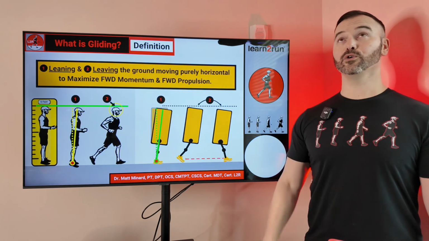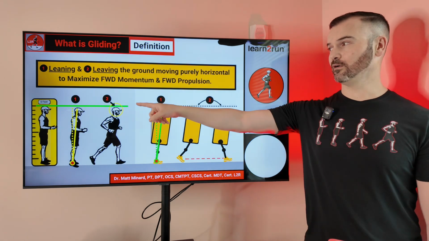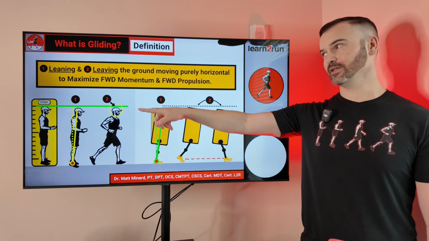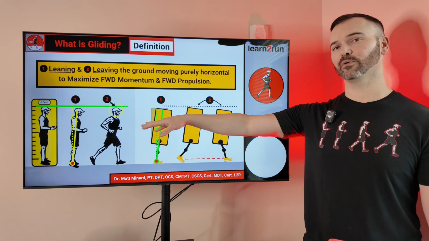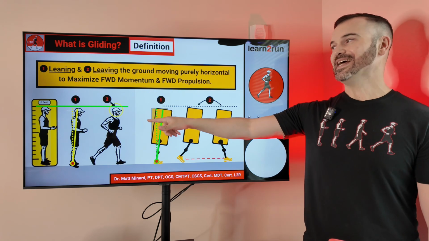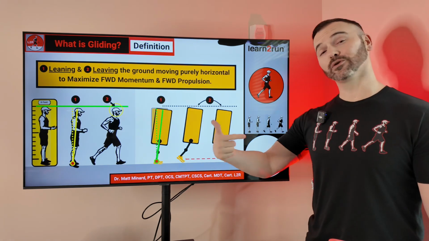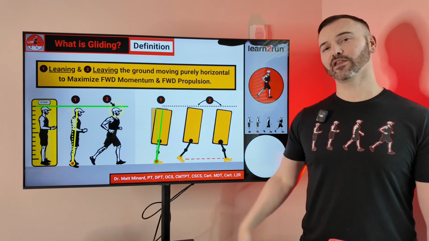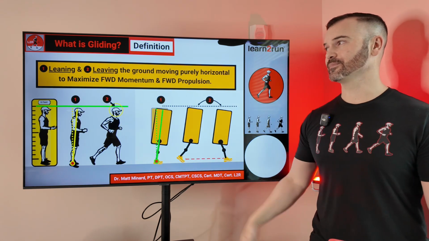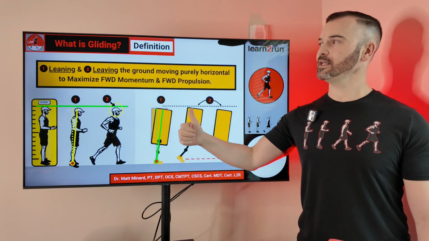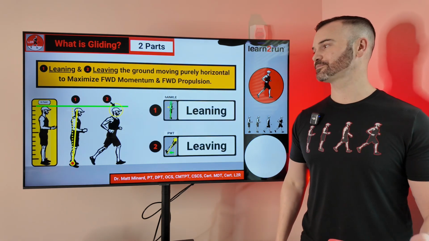If I'm standing in a room that has a ceiling height 6 feet tall, the entire time, I'm staying under that. The entire cycle, if I'm gliding appropriately by first leaning, shifting the weight forward, and then leaving the ground by pushing the ground purely backwards to move horizontal, we would stay under that threshold the entire time. So that's our definition. That's gliding, the 2 L's, leaning and leaving.